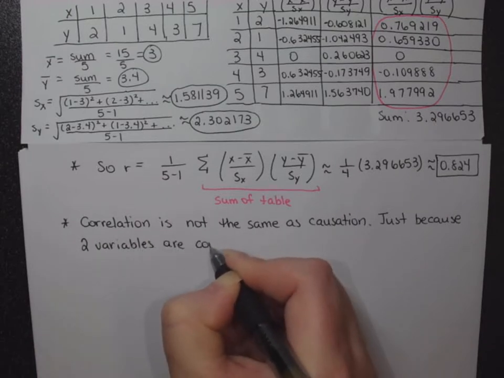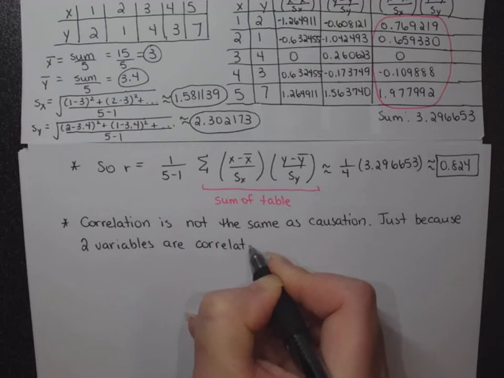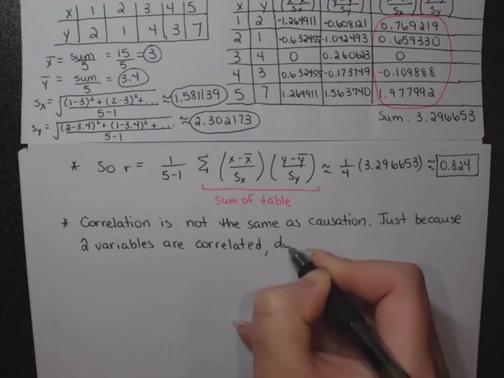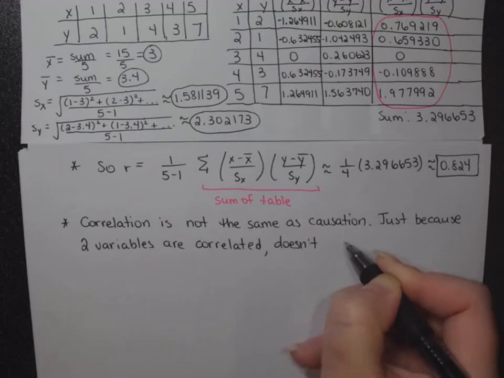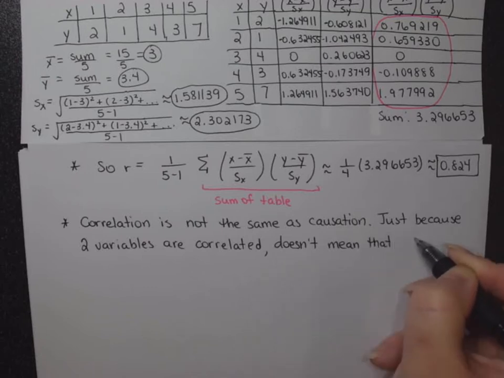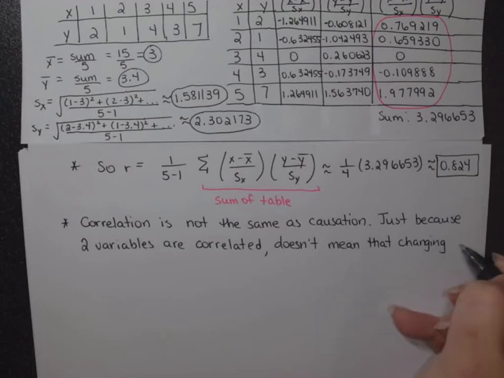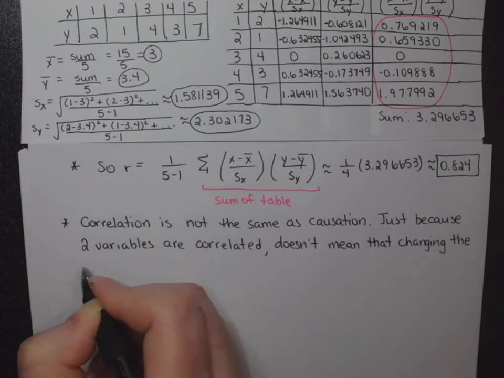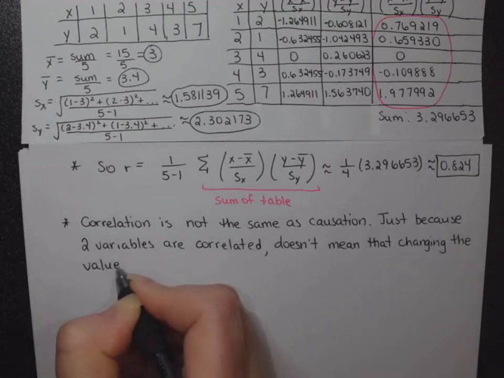So I think we've talked about this in stats before this semester. But just because things happen together does not mean that one caused the other. It just means that for whatever reason, it might be an outside source, they have some sort of relation to each other.